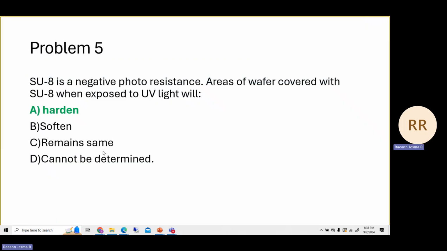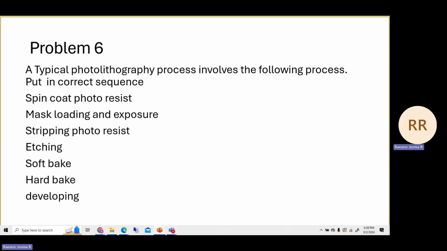Now next we'll move on to next. A typical photolithography process involves the following steps, put in correct sequence. So we have some steps. One is spin coat photoresist, mask loading and exposure, stripping photoresist, etching, soft bake, hard bake, and developing. So what is the sequence of steps that we follow in order to do a photolithography process?